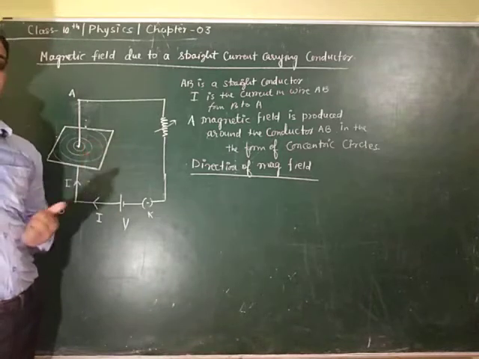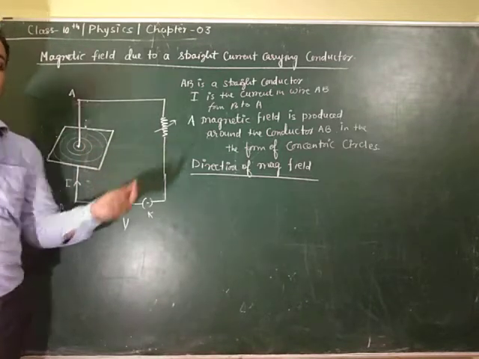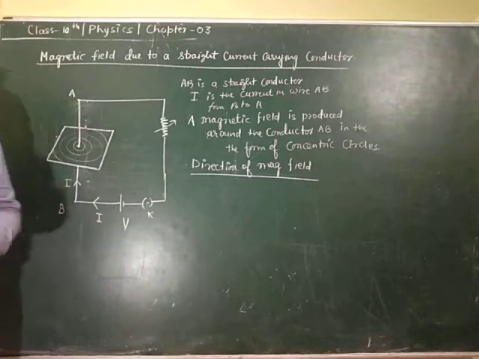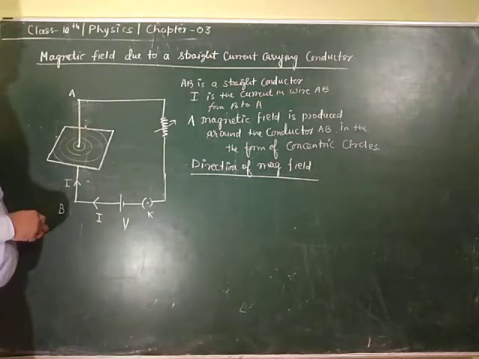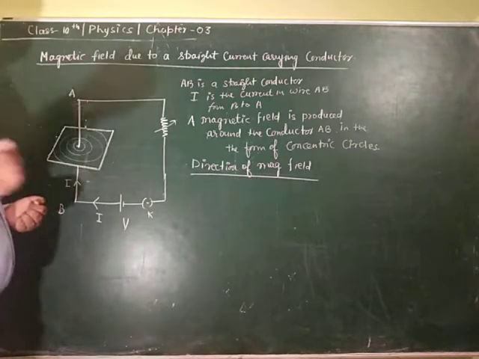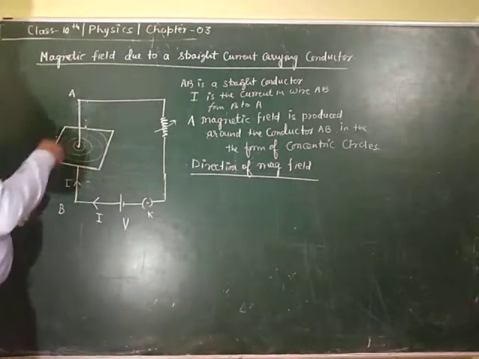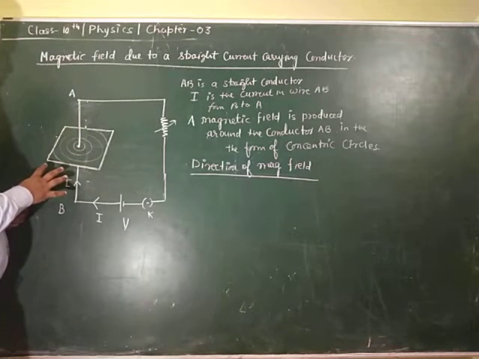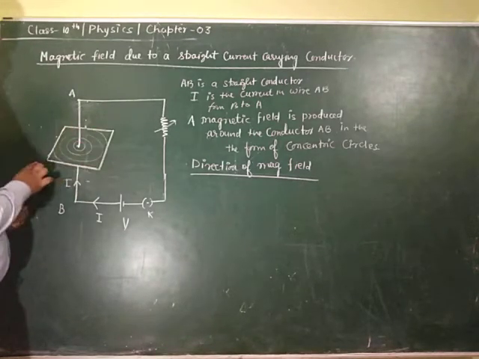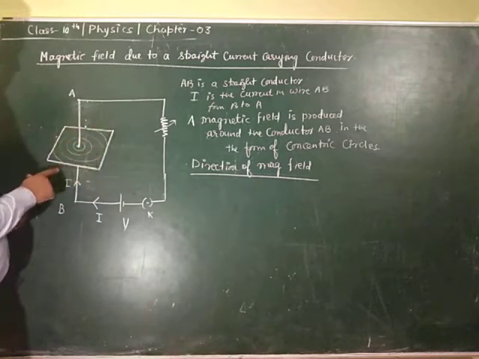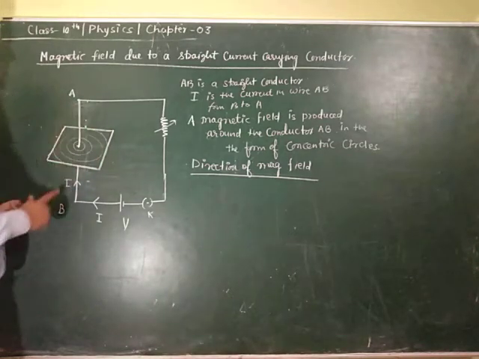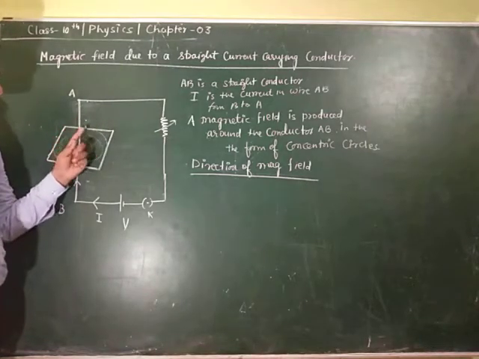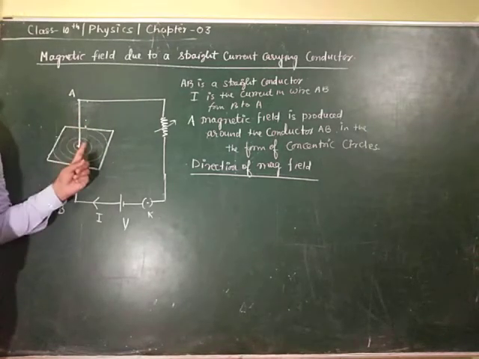You can perform this activity in your home. Take a cardboard and place it like this, as I have placed here, and sprinkle some iron filings here. Iron filings means small particles, small pieces of iron. When these randomly spread iron filings are kept over this cardboard, and when the current starts flowing through this, all the iron filings are arranged in a concentric circle form.